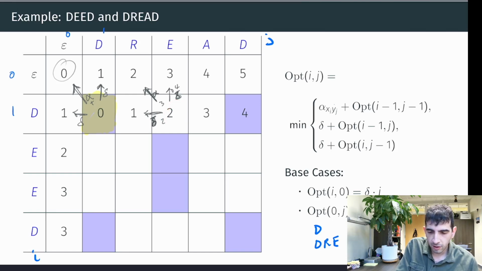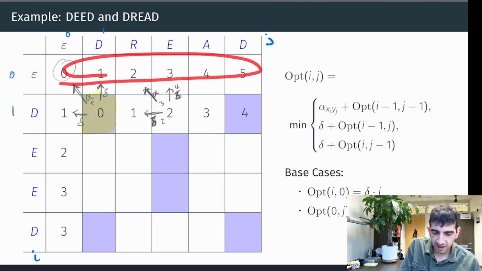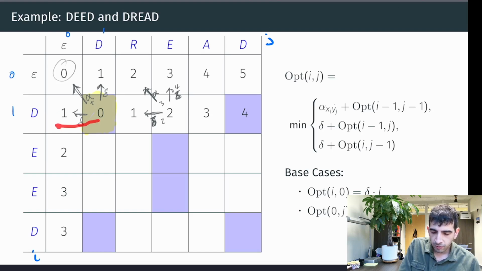Okay? So the important thing to note is that the alignment is dependent on the element to the northwest, the element to the north, and the element to the west constantly. So as long as we have our base cases here, we just go down to the next row, and then we go from left to right and fill out the next couple columns.